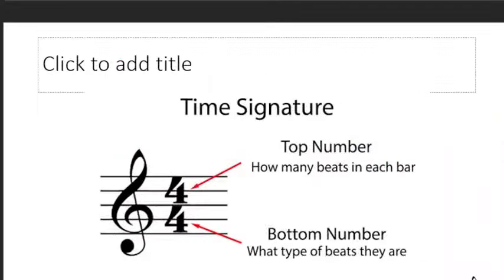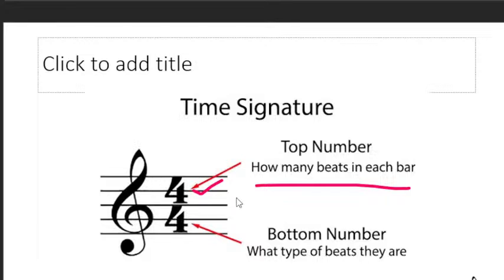Here we say the time signature, as I have shown, the top number indicates how many beats are in each bar. When it is written 4, it means in each bar we have 4 beats.